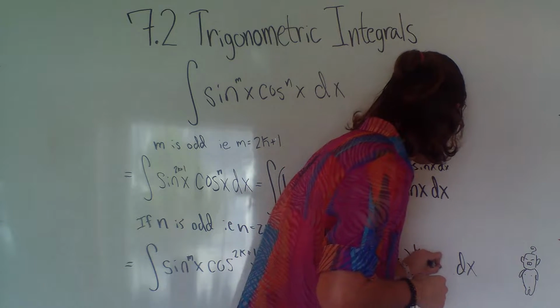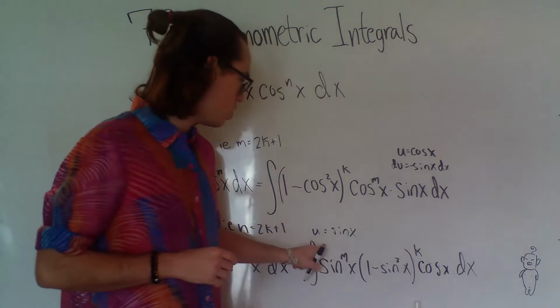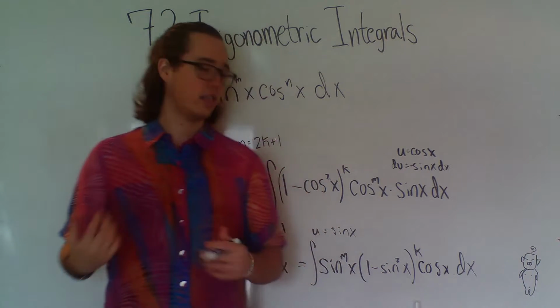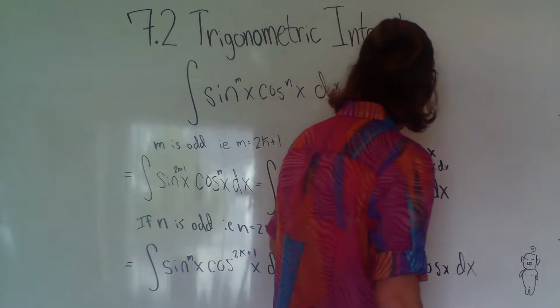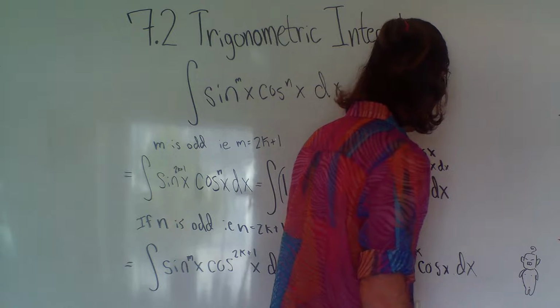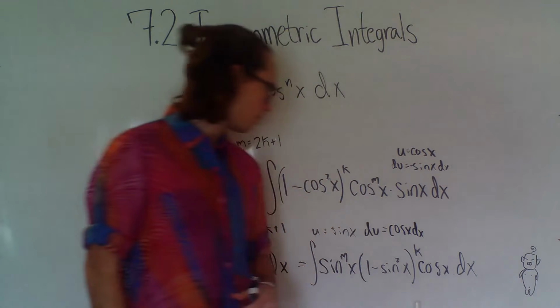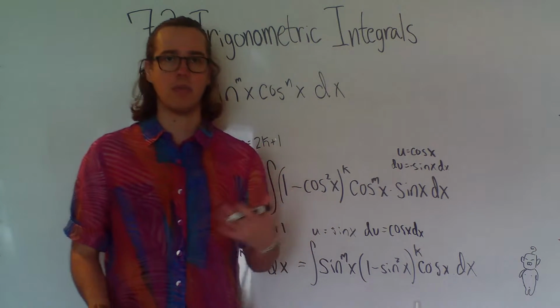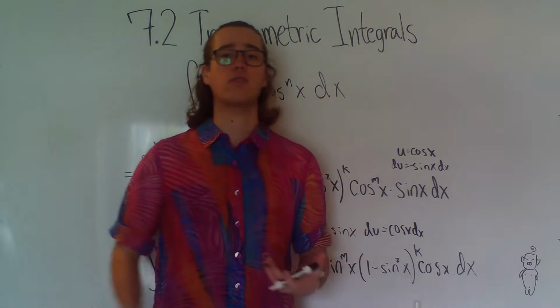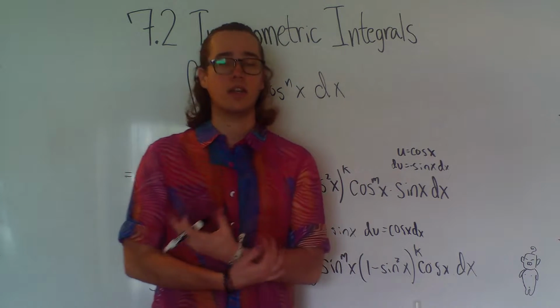And we would then use u equal to sine x, and then our du would be equal to cosine x dx. And with that, we would be able to integrate using a u substitution, and we would get it perfect.